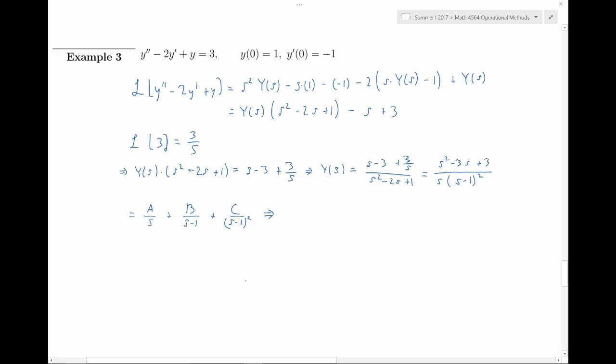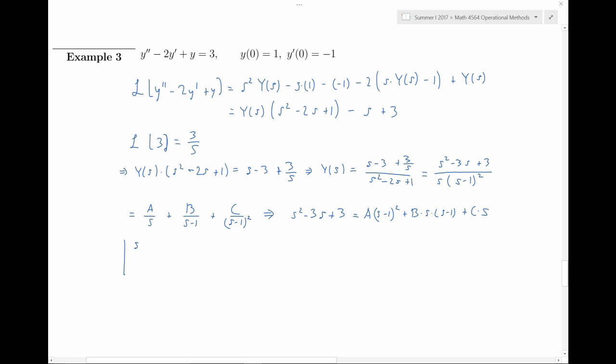This leads to the following equation, that s squared minus 3s plus 3 should be a times s minus 1 squared plus b times s minus 1 plus c times s.